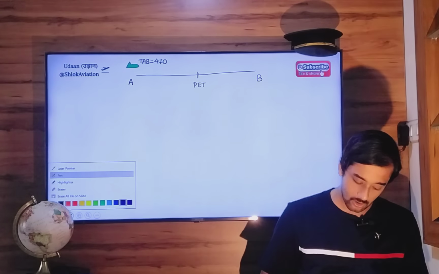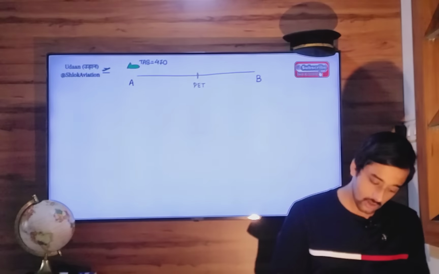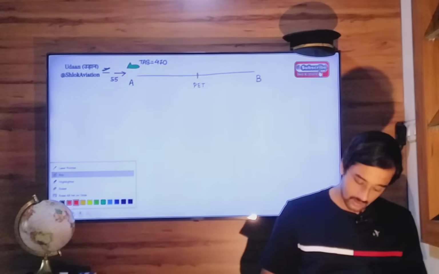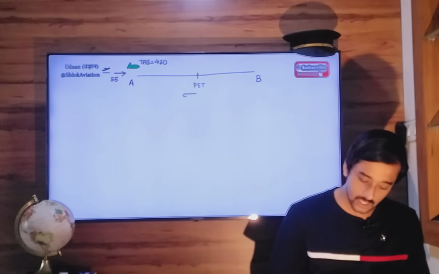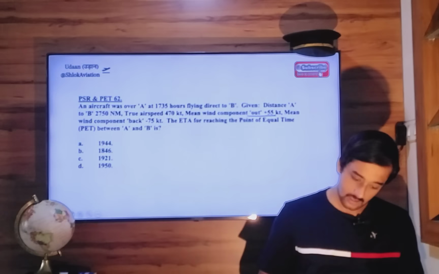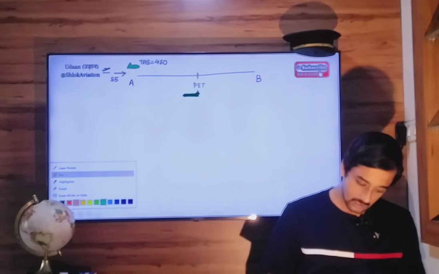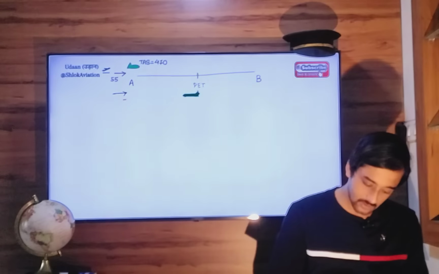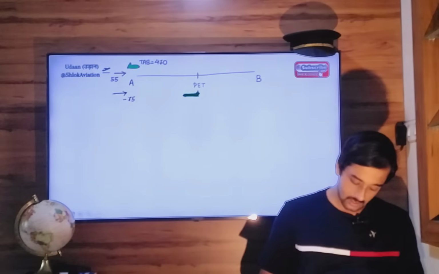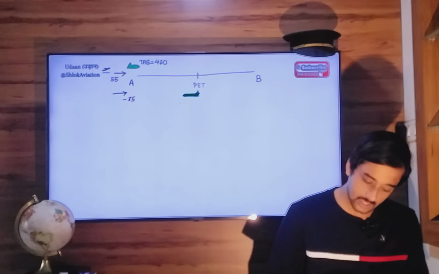That means flying outbound, you're getting a tailwind of 55 knots. On your homebound journey, you're getting a wind component of minus 75 knots. That's again the same 470.